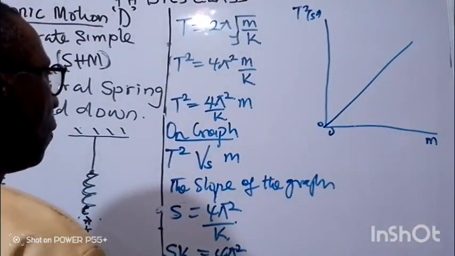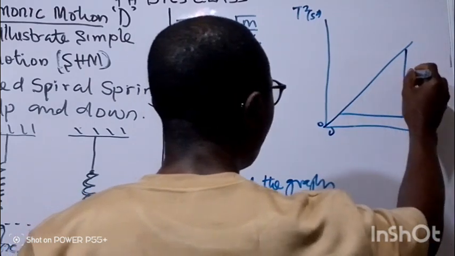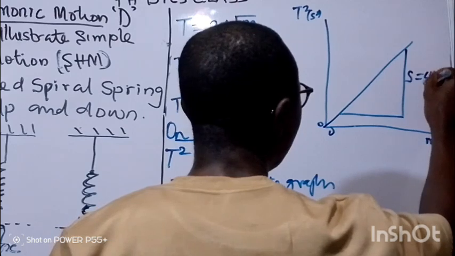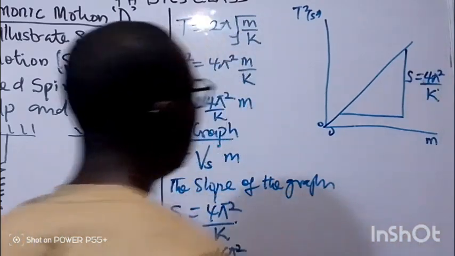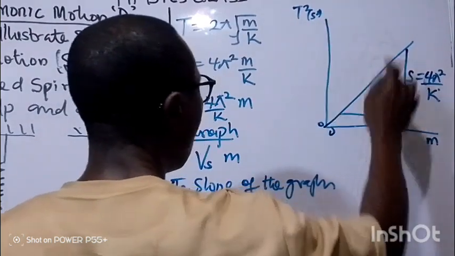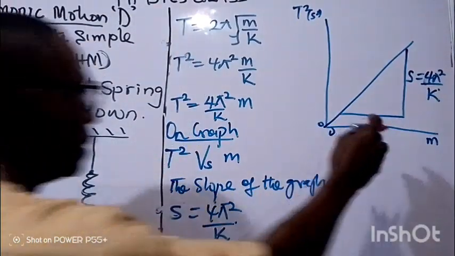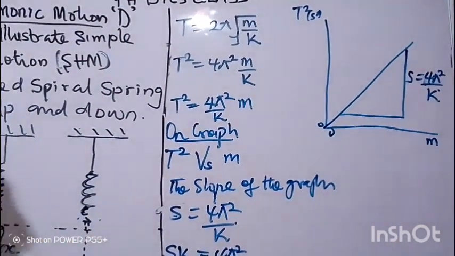And once it is a straight line graph, the slope, according to what we have said, s will be equal to 4 pi square over k. So the slope of this T square against m will give us the value of 4 pi square over k, and from there we can calculate k as we said here.